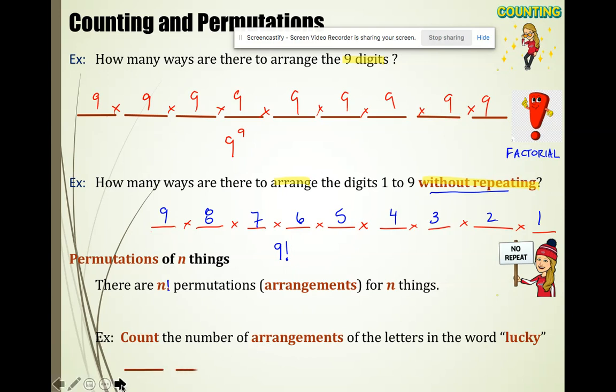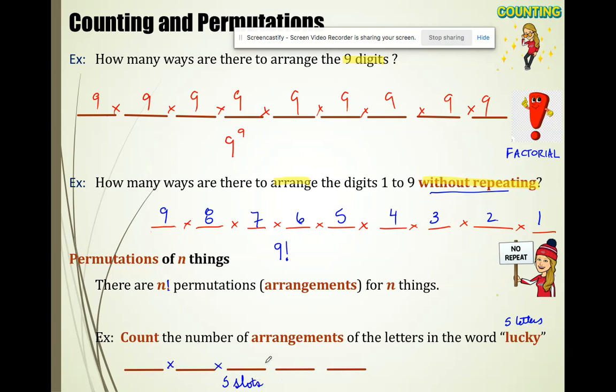Well, I have 1, 2, 3, 4, 5 slots for 5 letters.